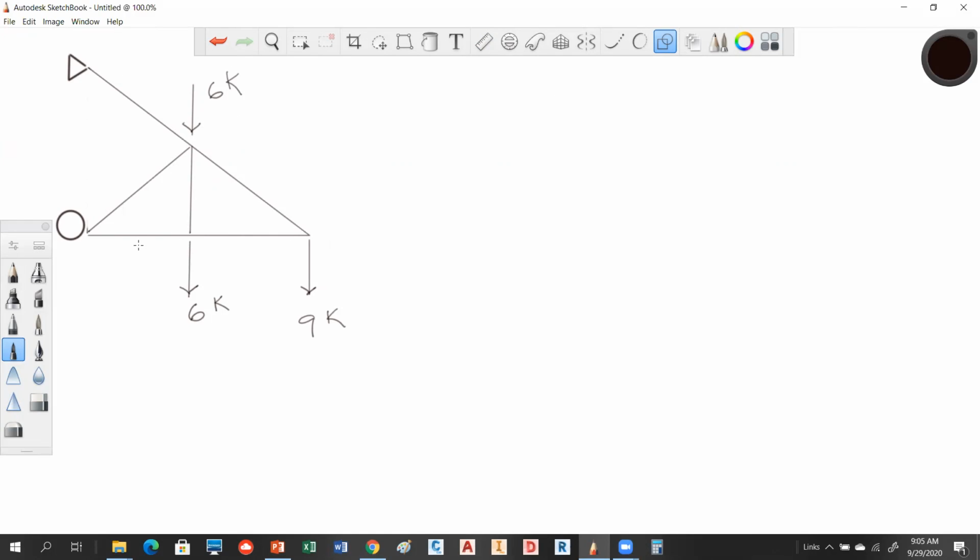This is 8 feet, 8 feet, and this is 12 feet, but we're assuming that's symmetric, so it's going to be 6 and 6. Okay, so this is A, this is B, C, D, and E.